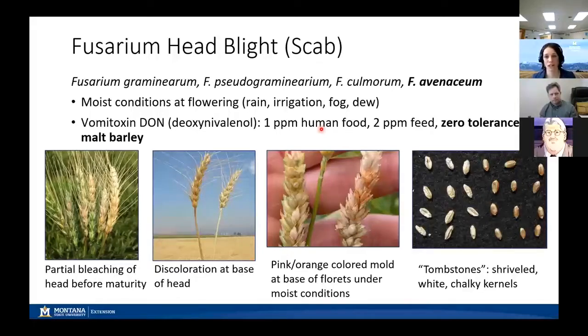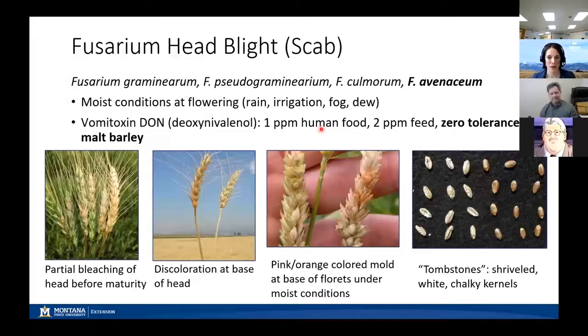There are actually thresholds for this toxin of 1 part per million for grain that is dedicated to human food processing, and a slightly higher threshold of 2 parts per million for grain that is used for feed. In malt barley, there's actually a zero tolerance for this toxin, as it really interferes with beer production, which we don't want to mess with.